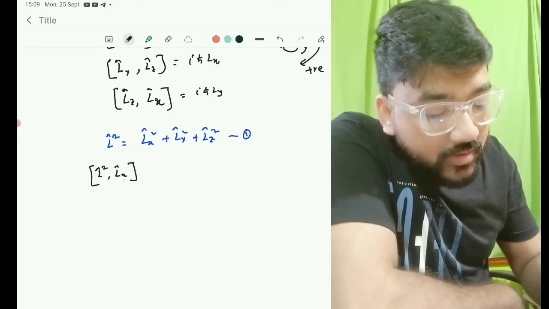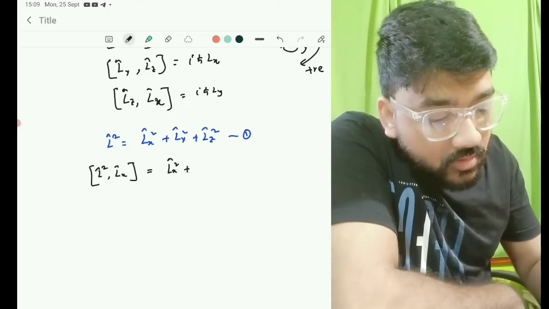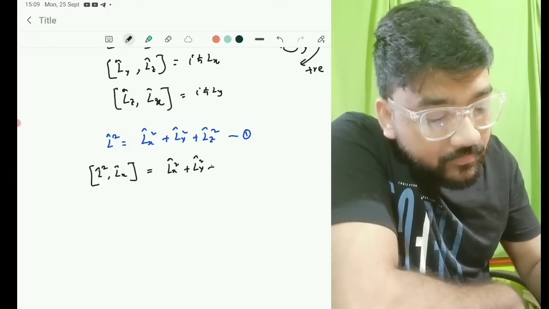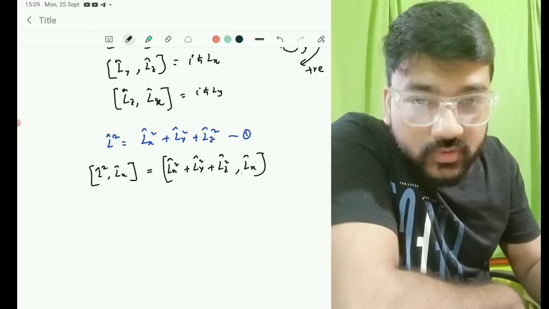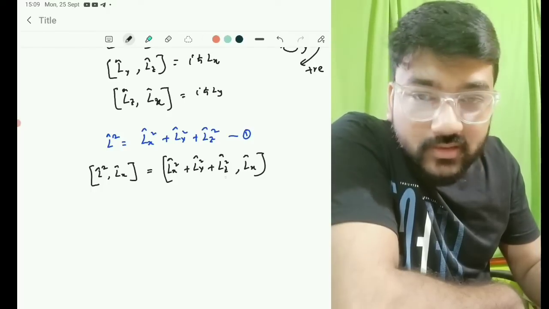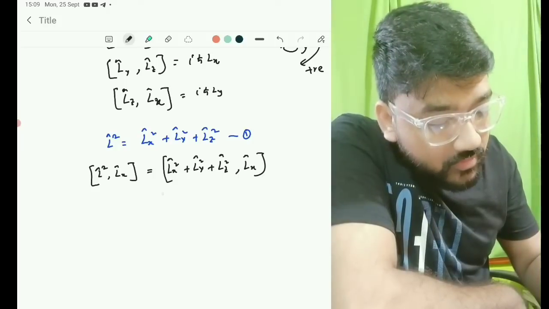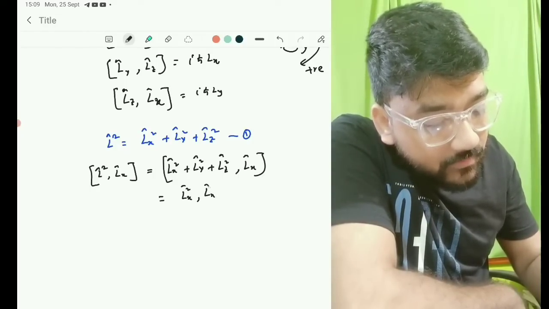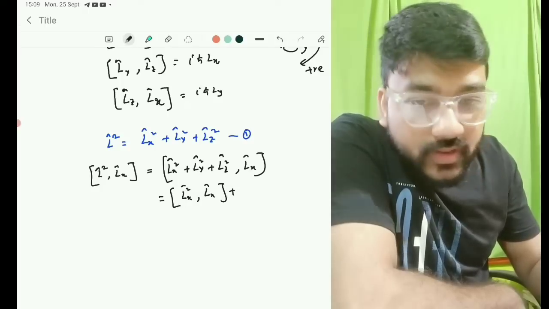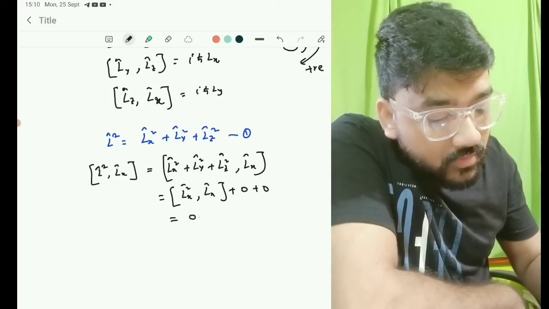what will you get? L square means Lx square cap plus Ly square cap plus Lz square cap, with Lx. So you will get Lx square with Lx, Ly square with Lx, and Lz square with Lx, and all of these will be 0.